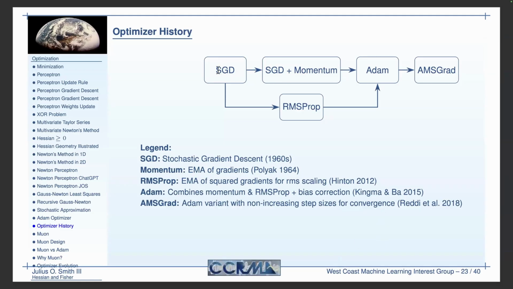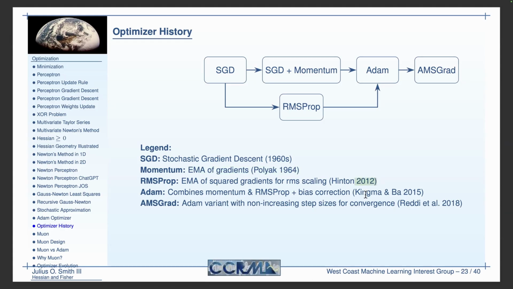So we started with stochastic gradient descent. That's very, very old. And then momentum was added to that in 1964 by Polyak. And then RMSprop was independently added to stochastic gradient descent by Hinton in 2012, so much later.